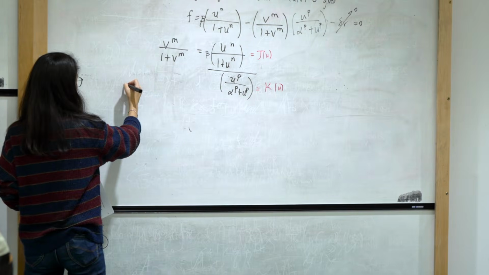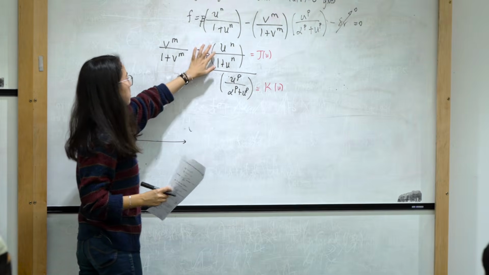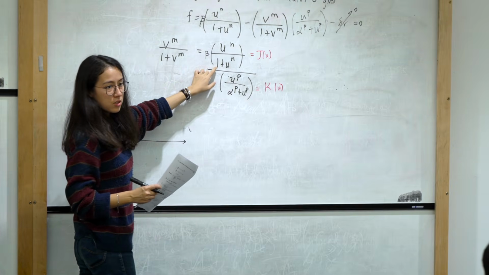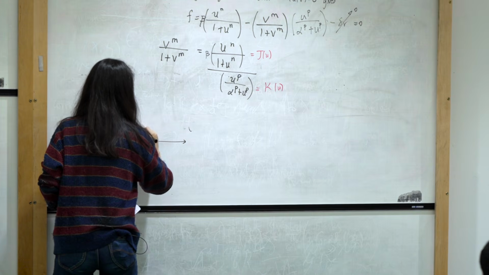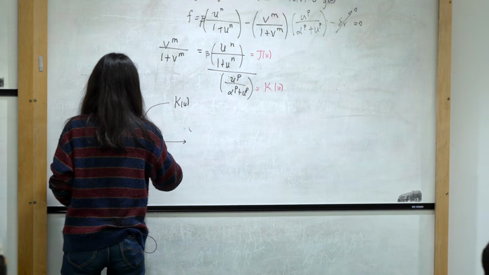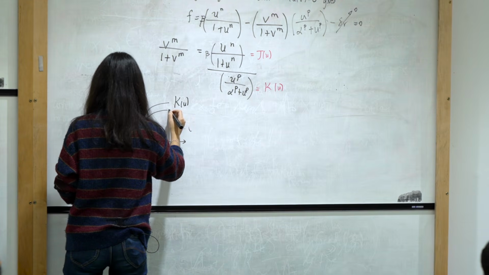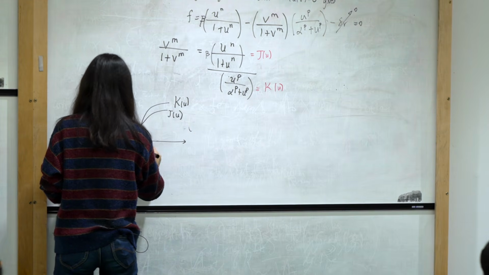Okay, and basically the way you think about plotting this is the following. You will know what the form is. It's basically like a sigmoid function. So if you draw that, it will be something like this. This is your k of u. And then you have some similar form for j. There will be some intersection point uc. This is u.